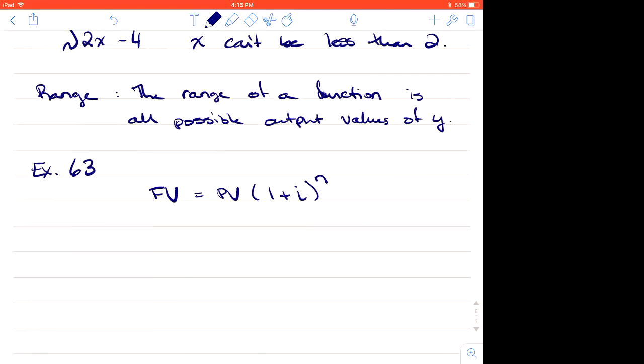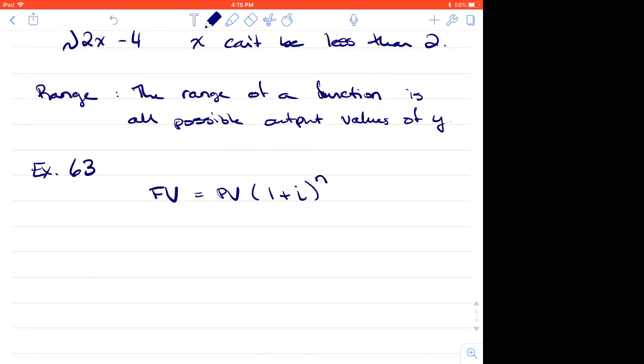We have how many variables? We have the future value, the present value. I'm going to tell you right now, i is the yearly interest rate. And n is how many years we've been invested for. So we have 4 variables, and we can solve for any one of these 4, given the other 3.